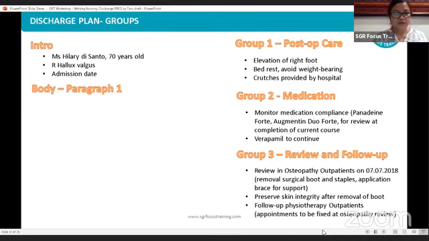The information that we gathered from the first part of the case note are the name of the patient, her age, her diagnosis, as well as the admission date. And to introduce the treatment, she had a right osteotomy.